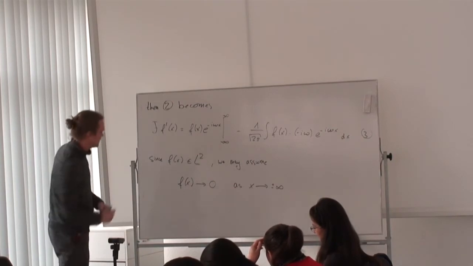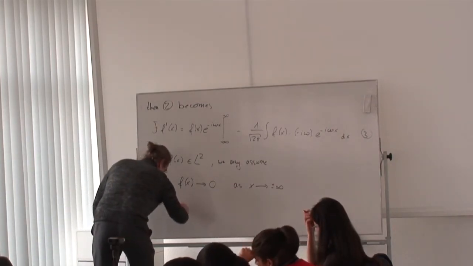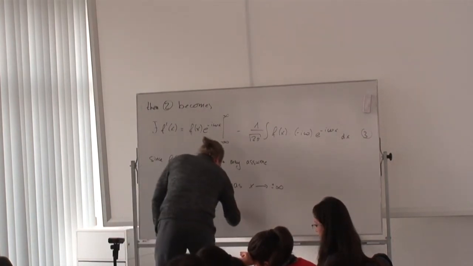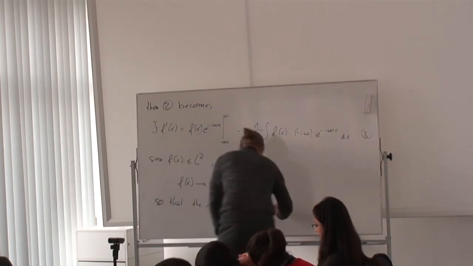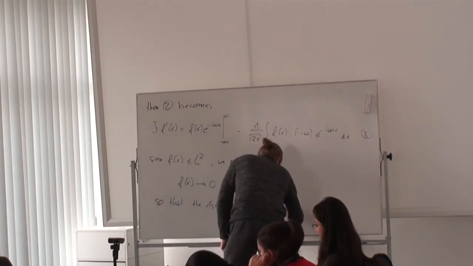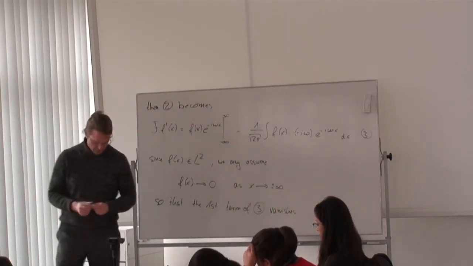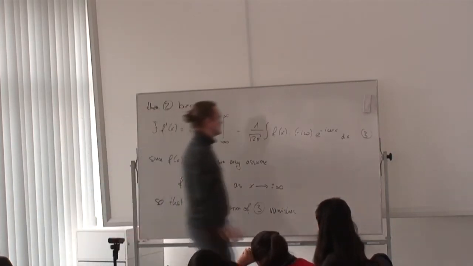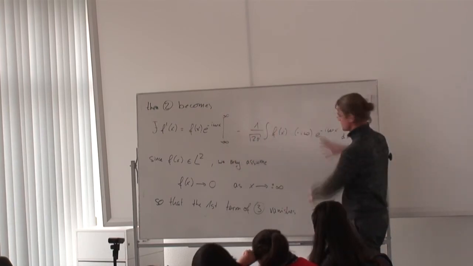So the first term of equation 3 vanishes, is gone, is 0. We don't have to worry about it anymore. What about this second one? So this is 0 now, and we are left with minus something here.